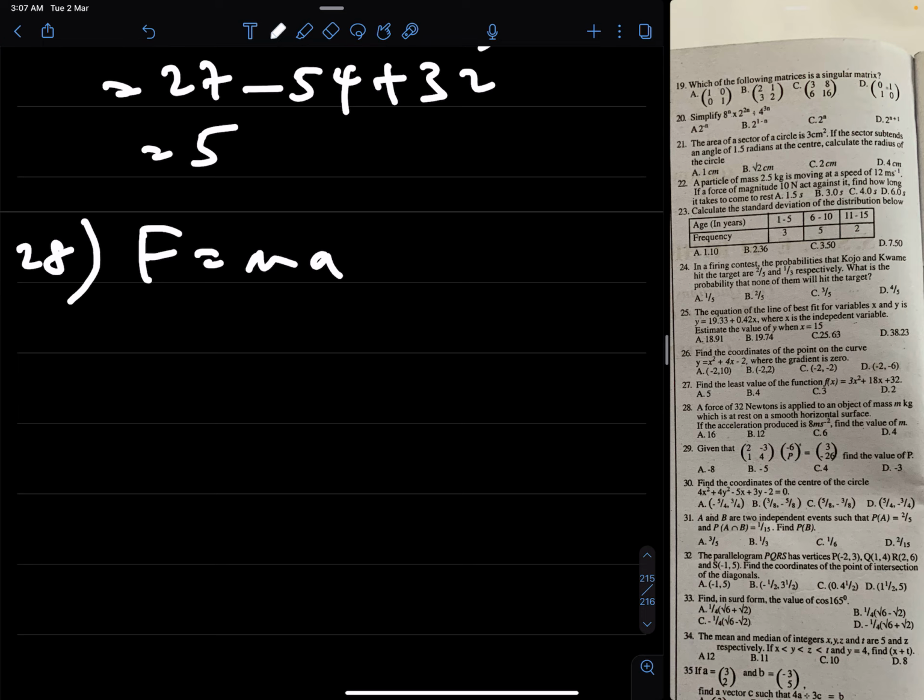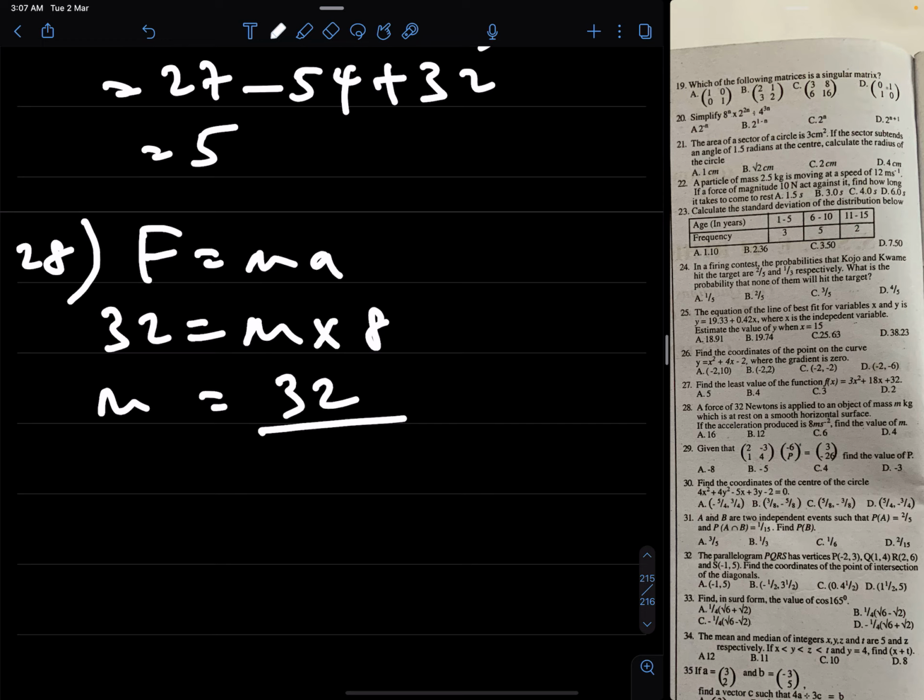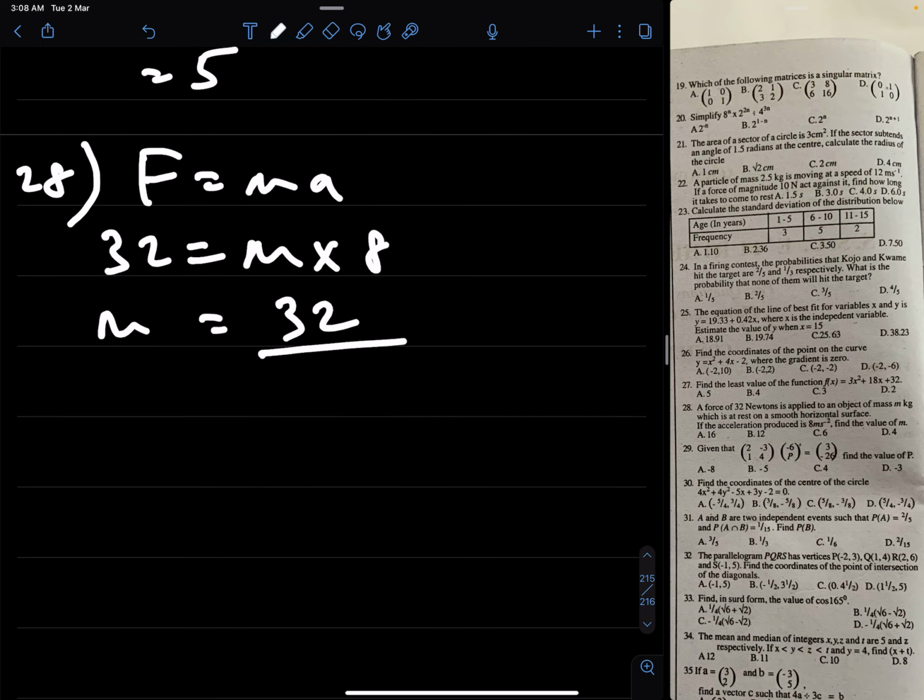So 32 equals m times 8, and m is therefore 32 over 8. M is F over a, and that's 4 kilograms.